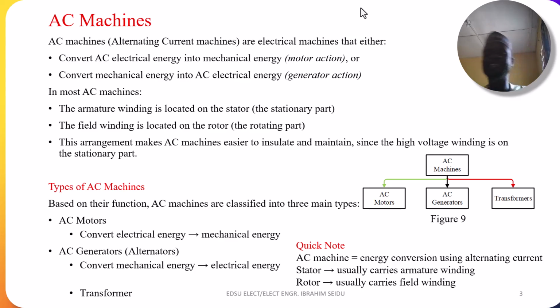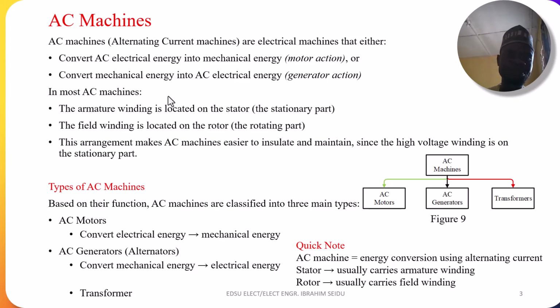So it's either you have an AC motor or you have a generator, right? It's either converting rotational energy into AC electrical energy, or AC electrical energy into mechanical or rotational energy.